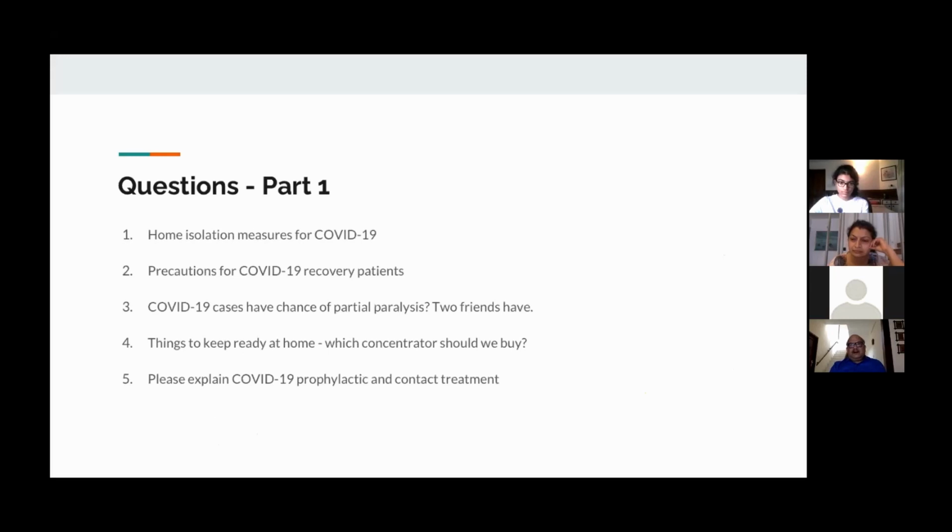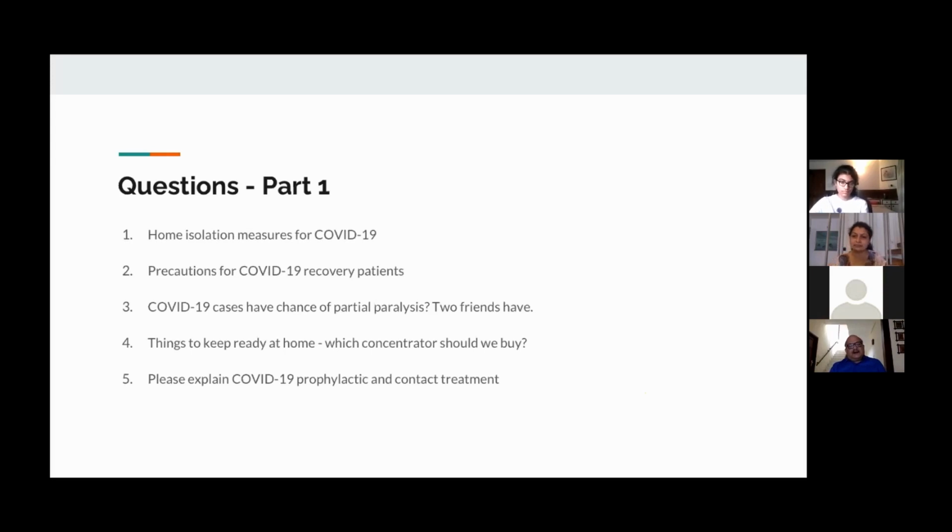Home isolation measures for COVID-19, I'm sure this is very simple. There are guidelines available in all the COVID helplines. Basically, if possible, be in a single room with a separate bathroom. But in India, very often that's simply impossible.